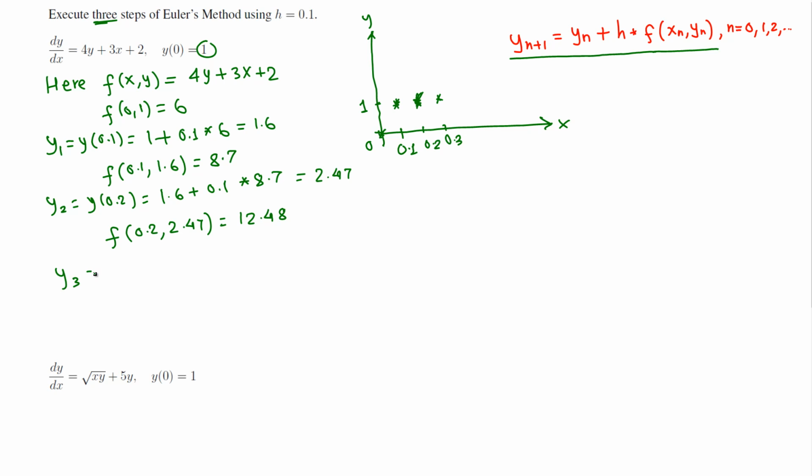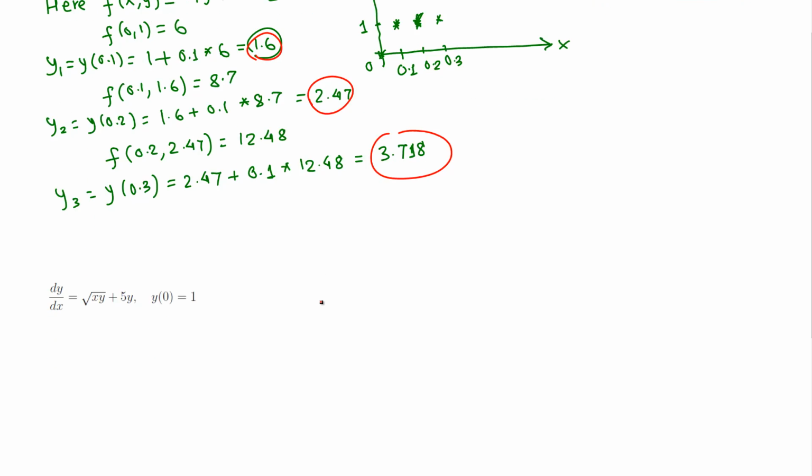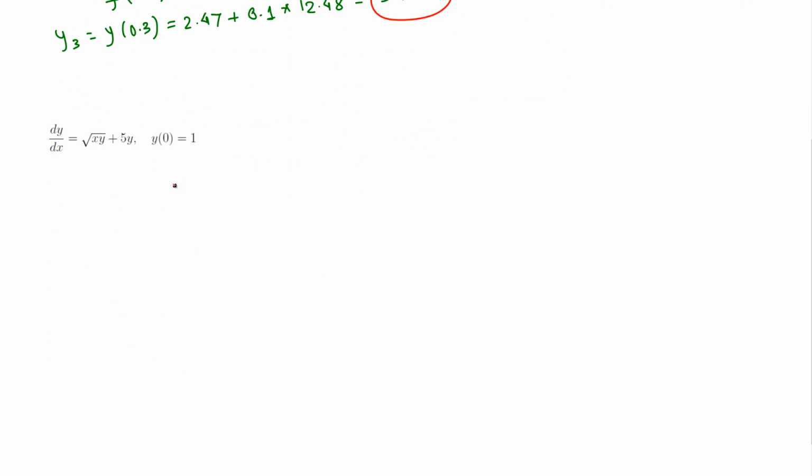Then y3 is the previous y value 2.47 plus step size 0.1 times the slope 12.48. Multiply and add 2.47, you get 3.718. So we did 3 steps, and we first found 1.6, then 2.47, then 3.718.